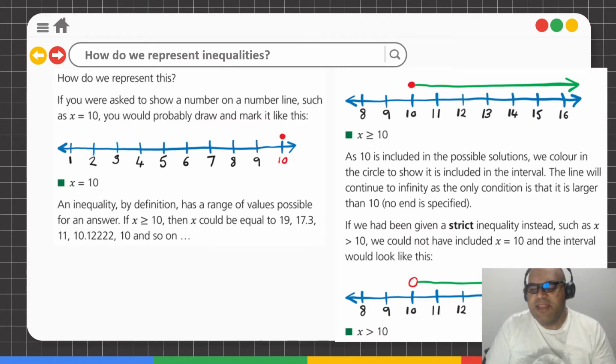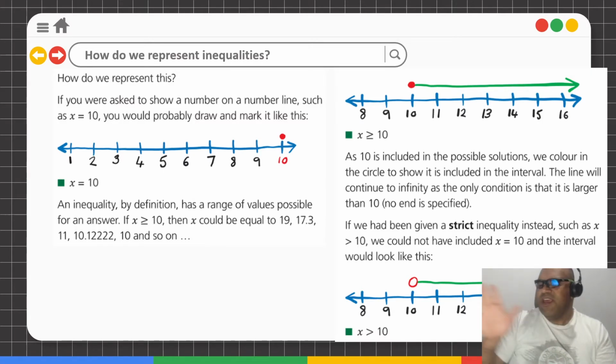And if it had been given a strict inequality instead, such as x is greater than 10, as you notice, 10 is not part of the group. Then the interval, as you see here, I am in the camera, but you can see the slideshow over there. I sent you the picture, also is better.